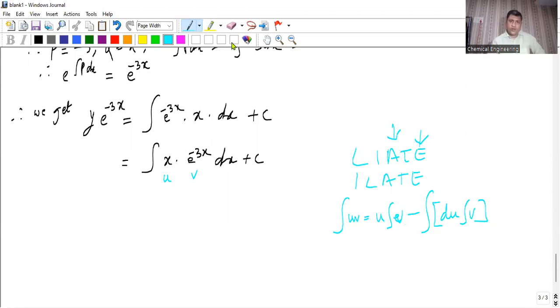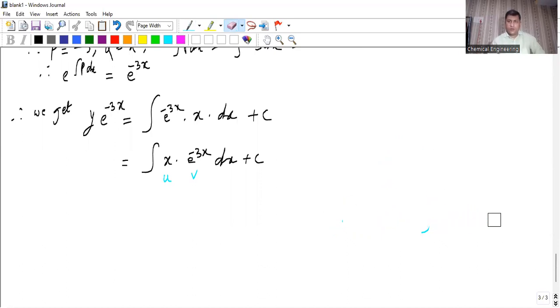Now we have to evaluate this. So let us evaluate. This is equal to x remains as it is, times the integration of e raised to -3x, which is e raised to -3x by -3.